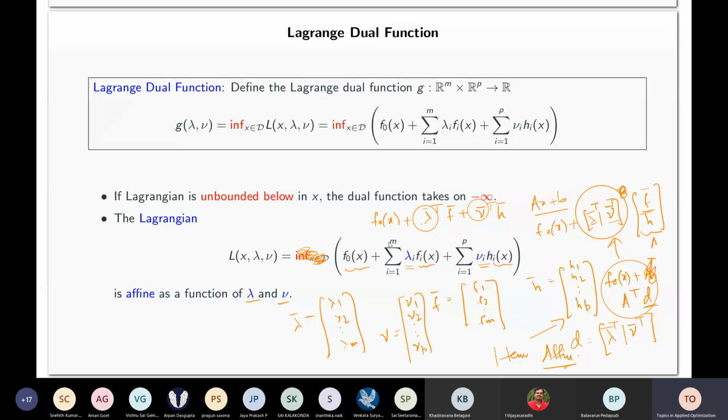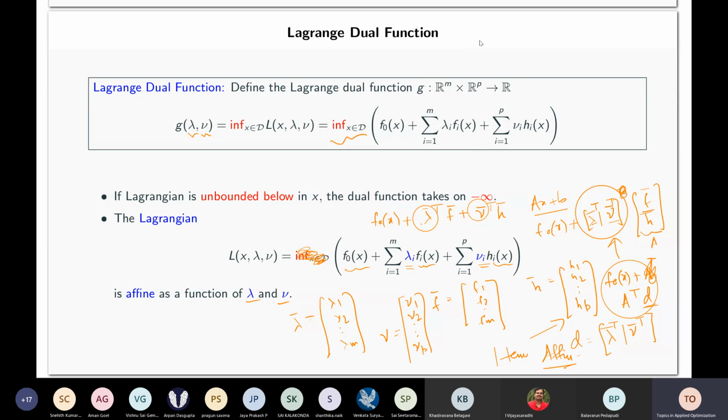And then you are taking an infimum of these affine functions, right? As seen as a function of lambda and nu, this is an affine function, and then the infimum of affine functions, right? So the infimum of affine functions is guaranteed to be what? Since this is affine, both concave and convex.